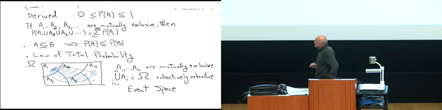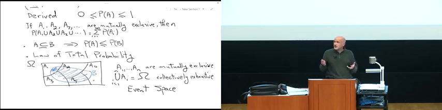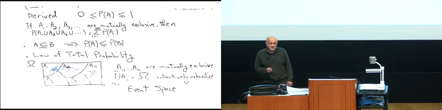So, I have an event B. This event B will have overlaps with these partitioning events Ai. Okay?